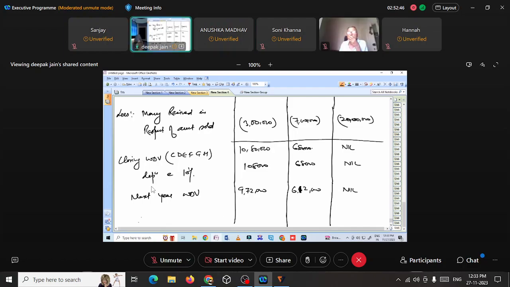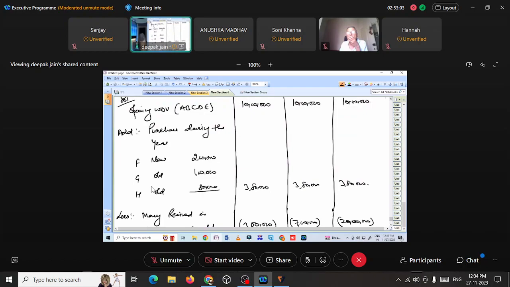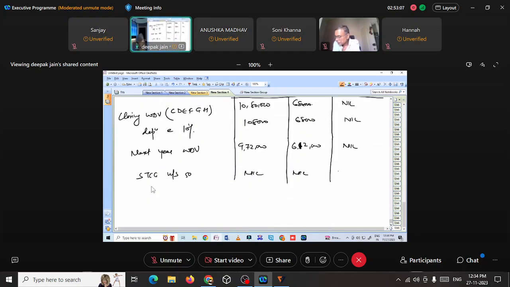And short-term capital gain under section 50: in case of first, no. In case of second, no. In case of third, sale price exceeds the value of block. How much? 13 lakh 80,000 is the value of block. Sale price is 20 lakh. So 6 lakh 20,000. How did it come, beta?